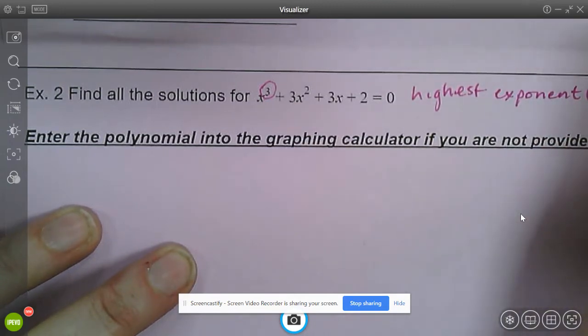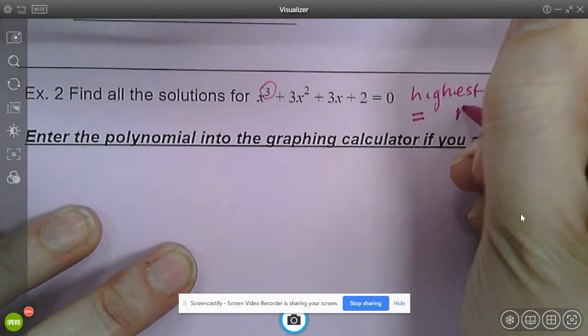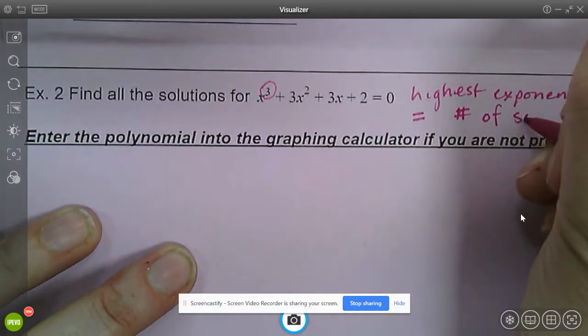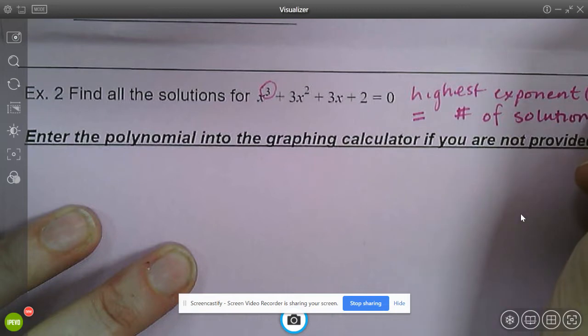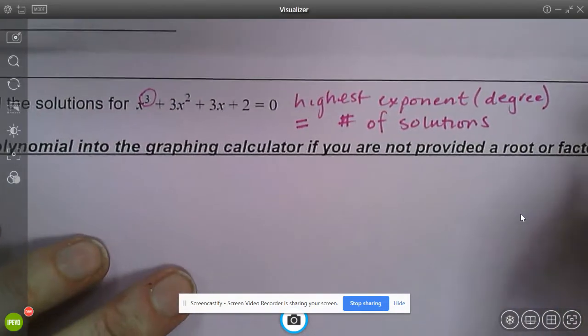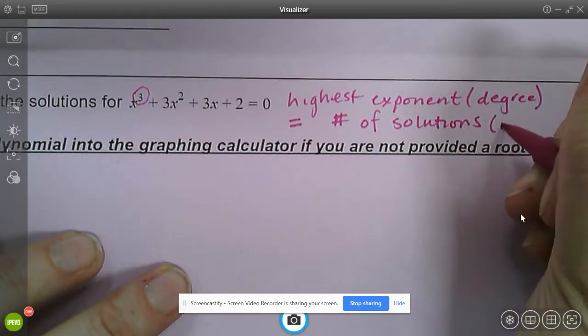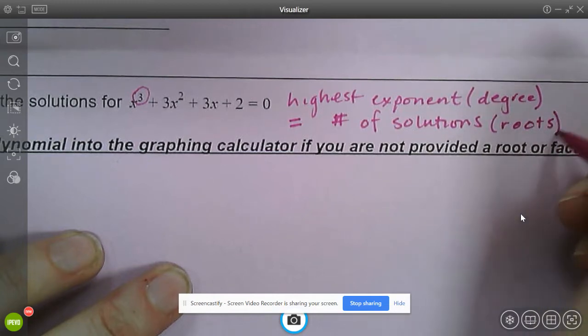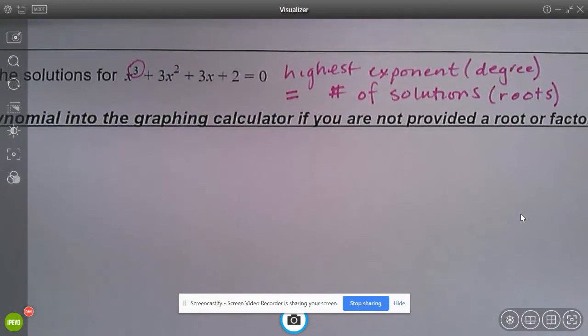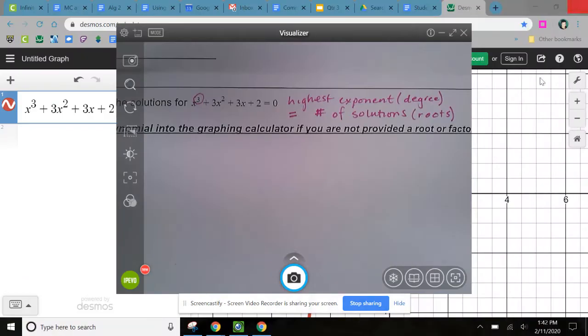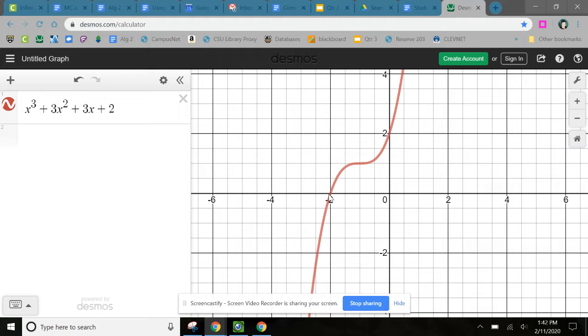And what this number does is that it tells us the number of solutions. And remember, we also have called those roots. So just looking at this, it looks like I should have 3. But looking at that Desmos graph, I only have 1.